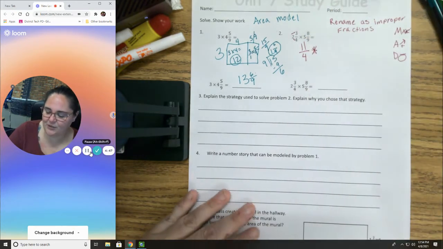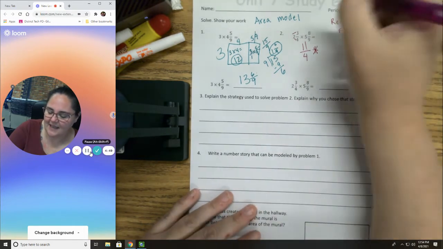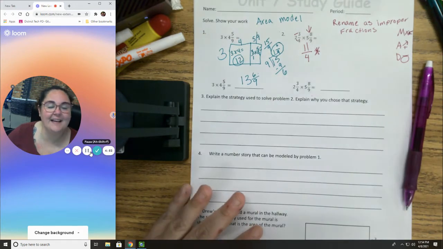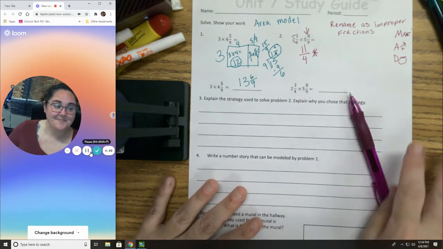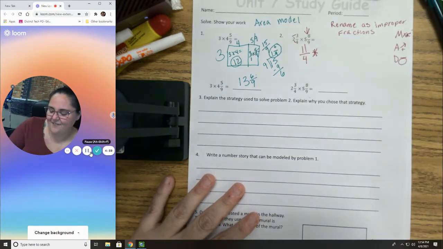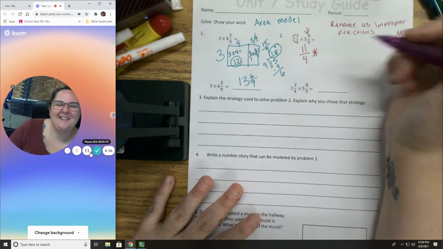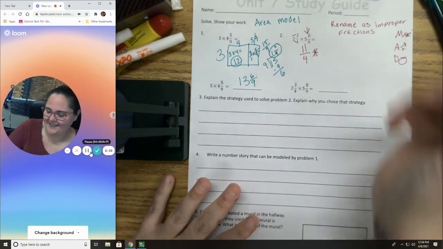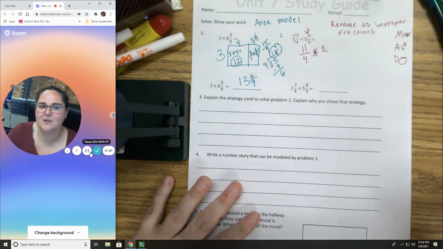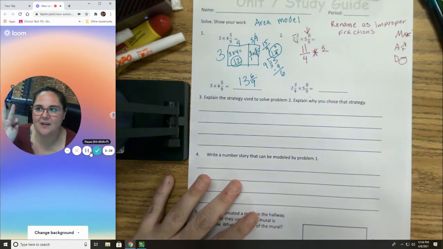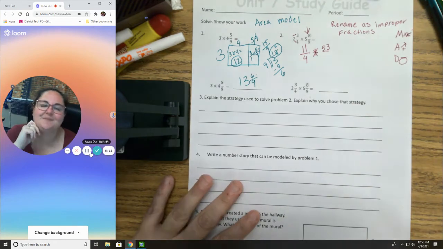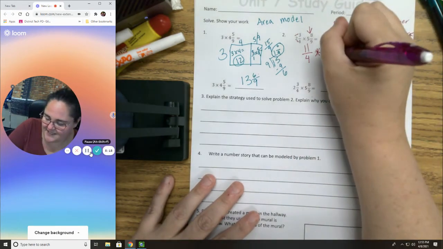All right, I want you to figure out what improper fraction we would use for 5 8/9. 9 times 5 is 45, plus 8 is 53. And my denominator stays the same.